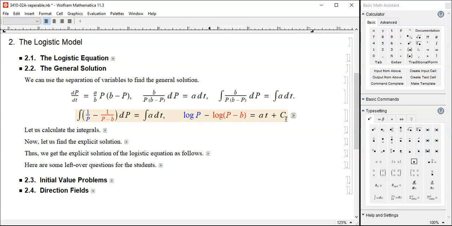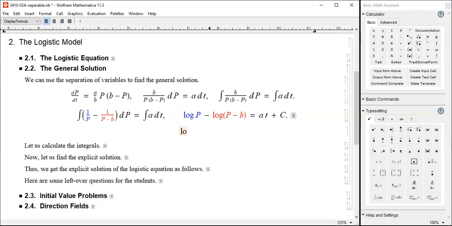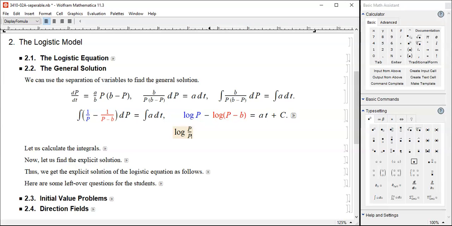We want the explicit solution. And how do we get there? We have to solve for p and they're inside of the logarithm, so we'll have to remove it. It's hard to remove them if we have two logs flying around. So let's combine the logs. Log of p over p minus b, and we can always do that because of the log rule, and that's equal to at plus c.